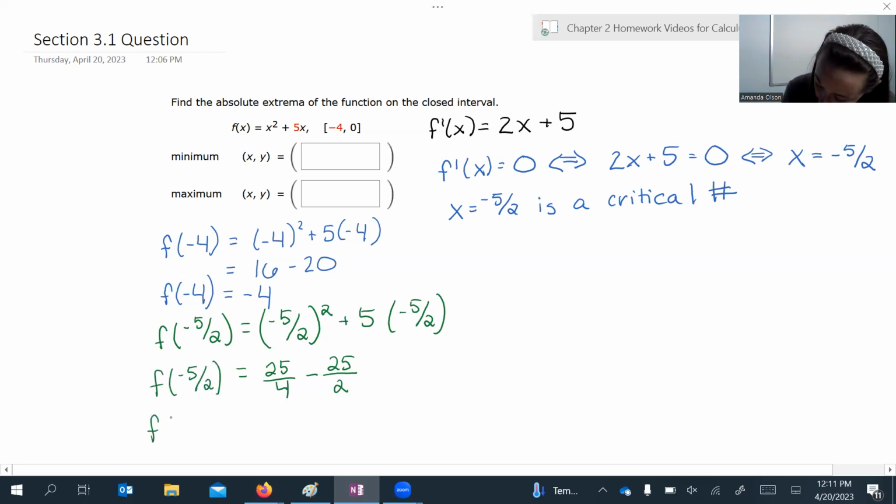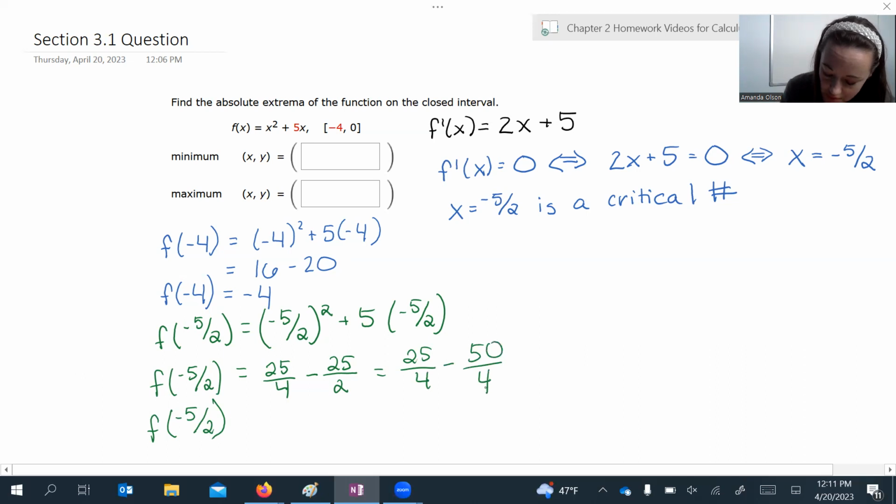So this is going to give us an f of -5 halves equal to, we can write this as 25/4 minus 50/4. So we can see that it's going to be equal to -25/4 or -6.25.